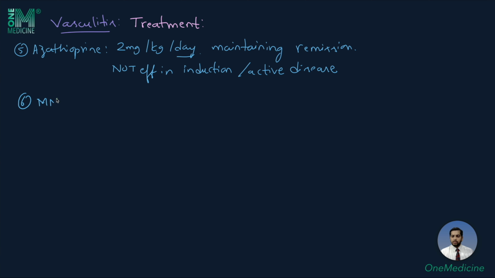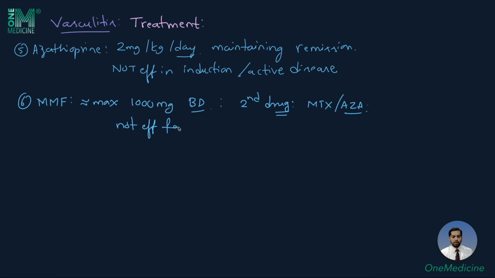Mycophenolate mofetil is also used up to a maximum dose of 1000 milligrams twice daily. This is particularly kept as a second line drug, especially after treatment failure with either methotrexate or azathioprine, and this is also not an effective medication for active disease or in induction of remission in such patients.